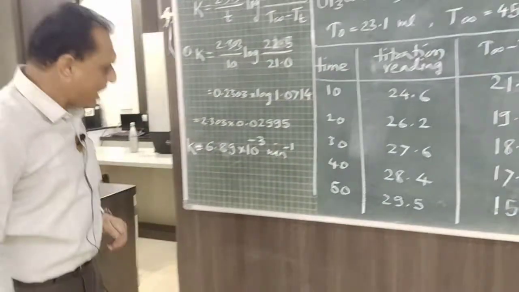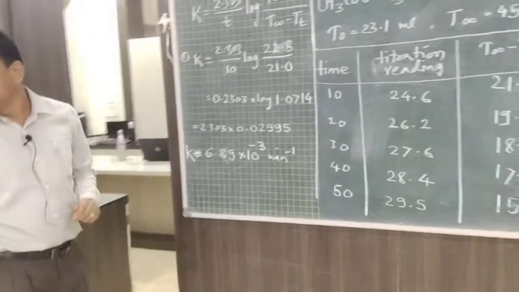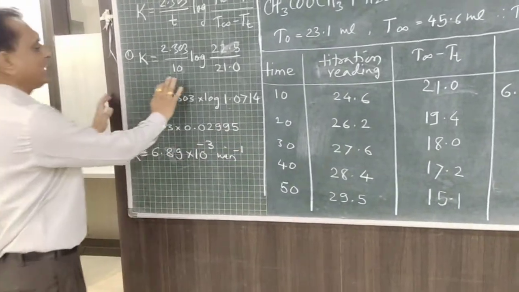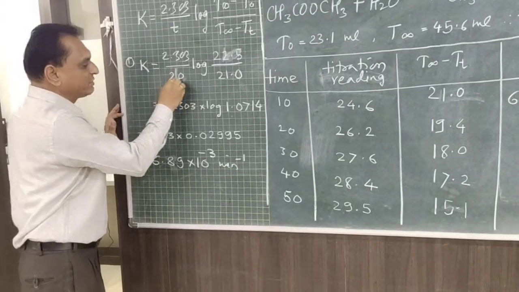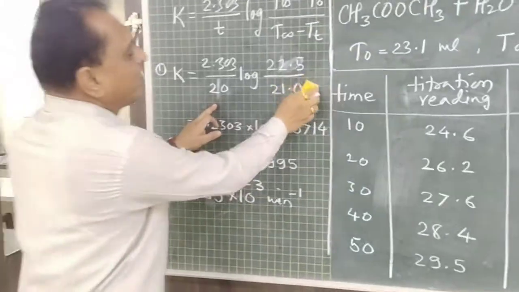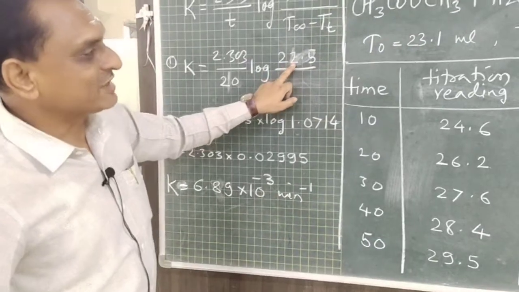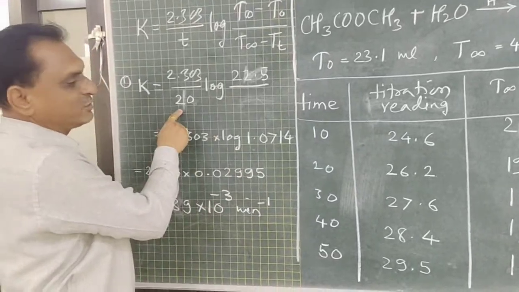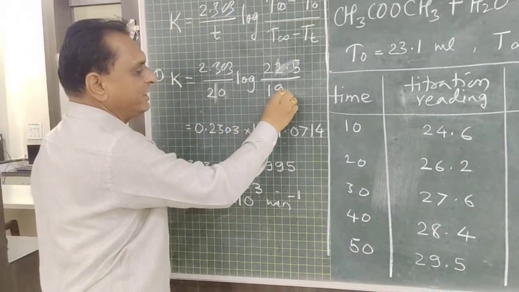Okay, so after doing this calculation, we have to go for 20 minutes. So you have to put here 20. K is equal to 2.303 upon 20. Here the a term remains as it is; it is common for all calculations, and a minus x for 20 minutes is 19.4.